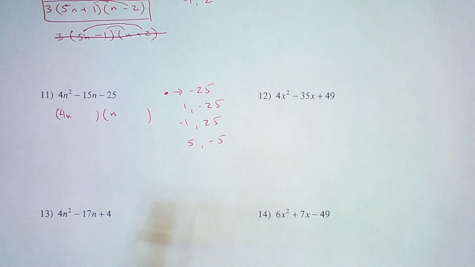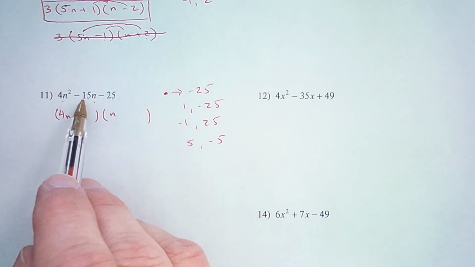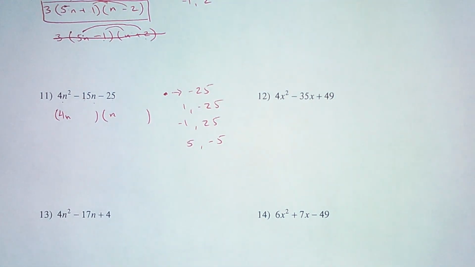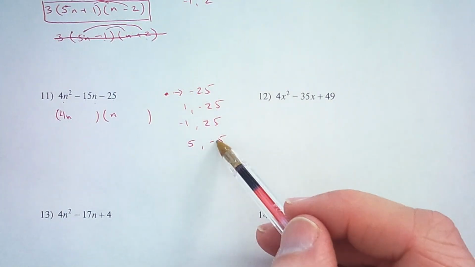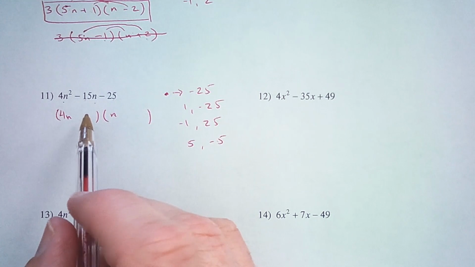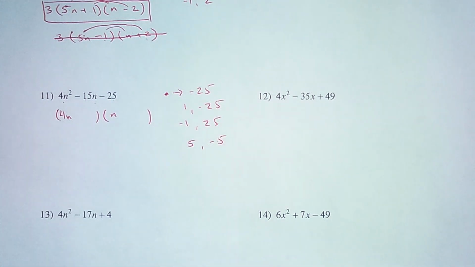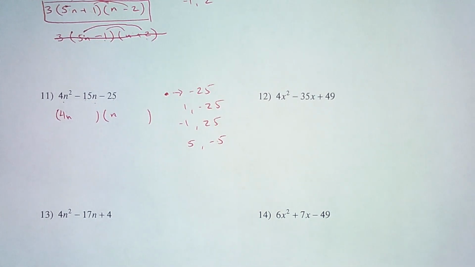But I'm going to need them to give me an outside and inside that make negative 15. So maybe instead of trying all of these, maybe we could just try to figure out ways to make numbers add up to negative 15. Maybe if we had a negative 20 and a positive 5, that might work.